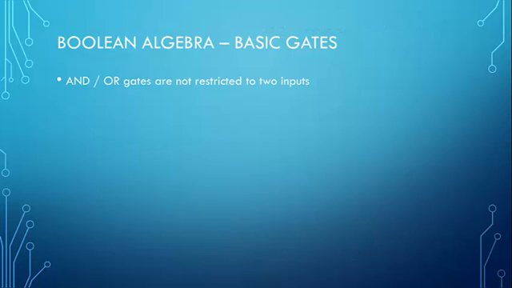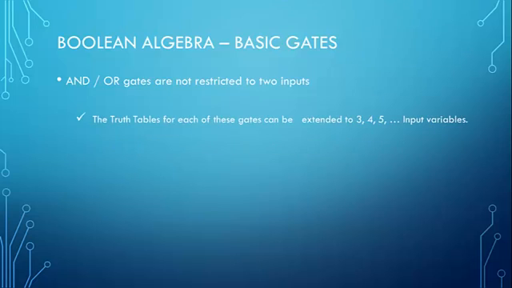Now also remember that AND and OR gates are not restricted to 2 inputs. Truth tables for each of these gates can be extended to 3, 4, 5, however many inputs we want. That's because for an AND gate, the rules are the same regardless. If everything is a 1, you're going to get a 1 out. If anything is a 0, you're going to get a 0 out.